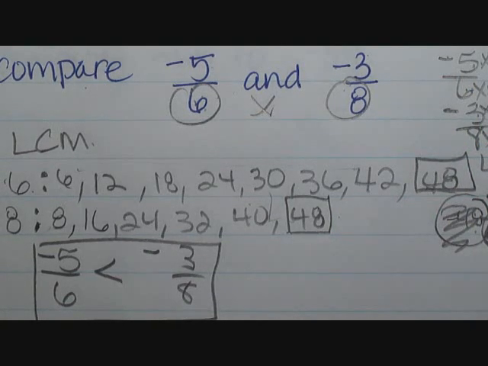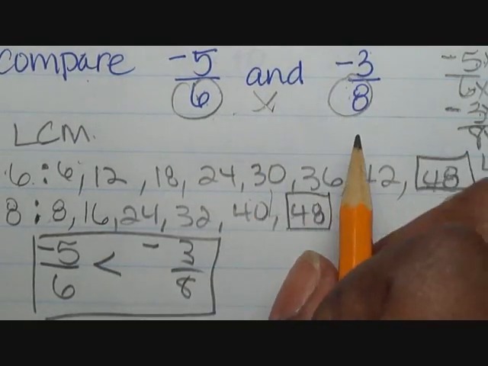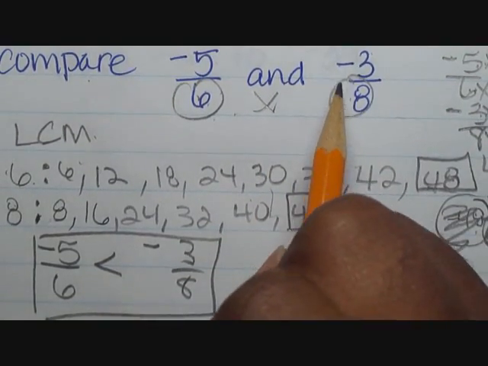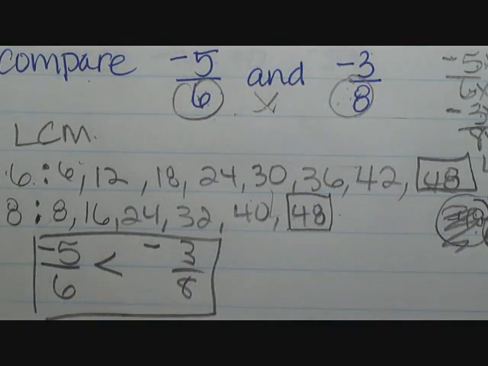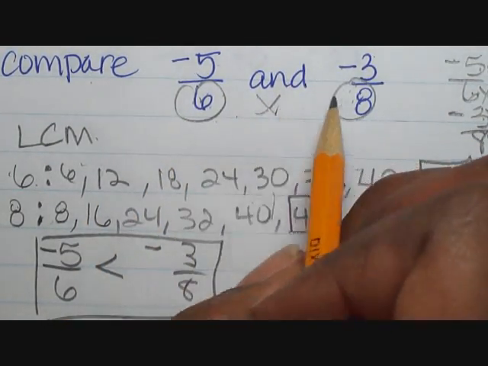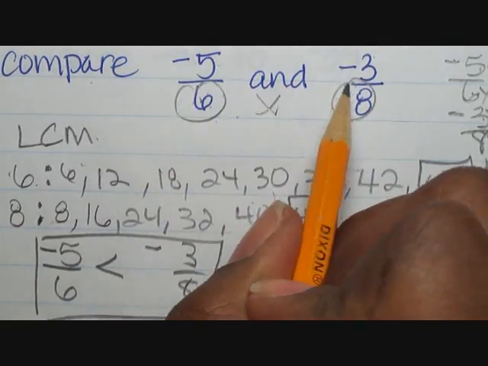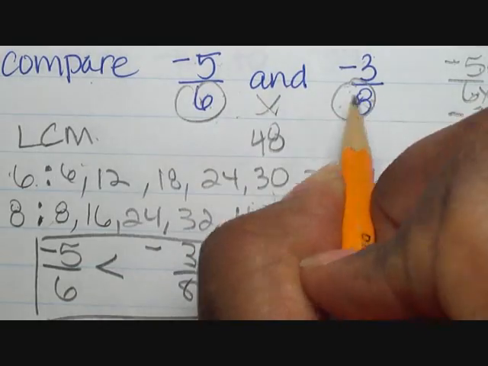Sometimes there is a least common multiple that is less than what it would be if we multiplied this, but a lot of times it's going to end up being whatever we get when we multiply these together. And we know how to reduce, so we can always resolve that later if necessary. So instead of going through all of this, I could have simply said the common denominator for negative 5/6 and negative 3/8 is 48, because 6 times 8 is 48.